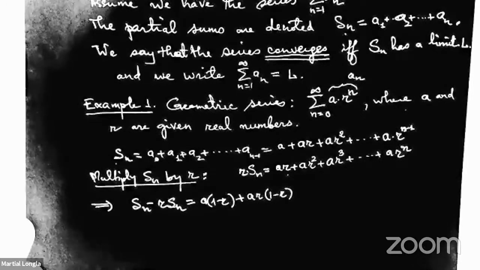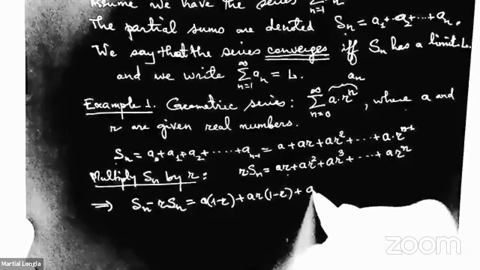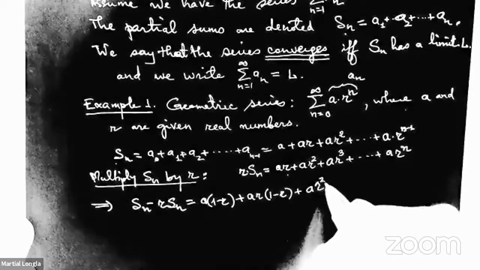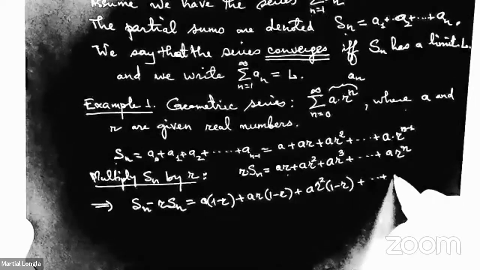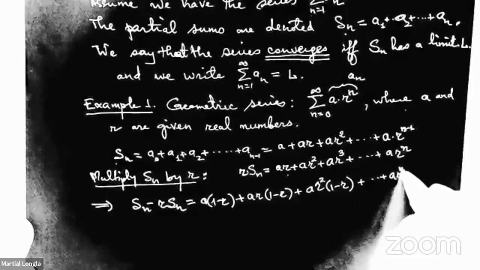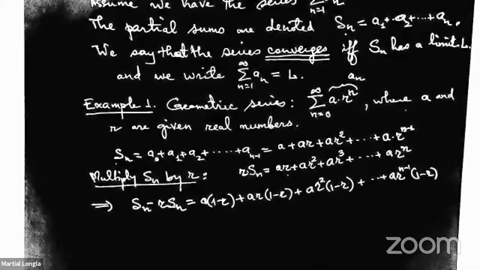Do we agree? Okay. So you could do that. Here, AR squared times 1 minus R, and so on. When you get there, you get AR to the N minus 1 times 1 minus R. So you see something like that can happen, right?